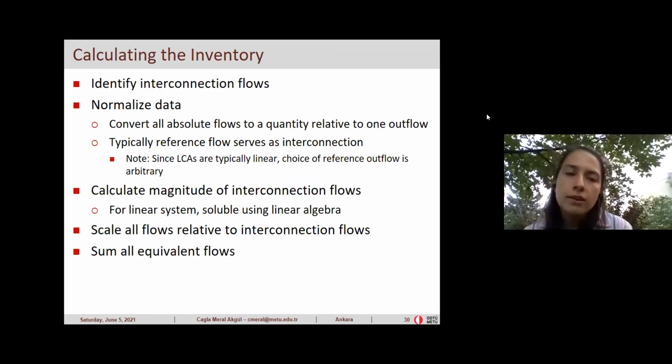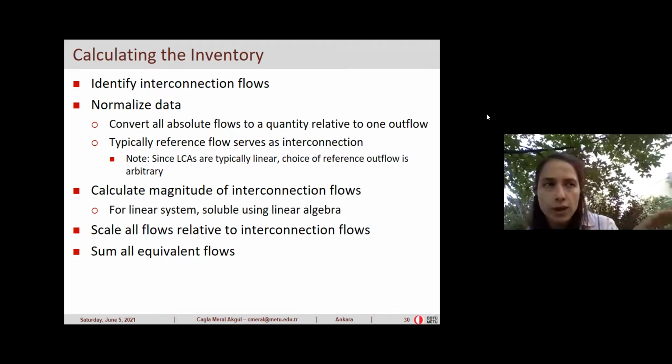Then you need to calculate your inventory. Basically, you identify interconnection flows, you normalize your data, basically convert all absolute flows to a quantity relative to one outflow. And then you should always remember, you choose one functional unit.